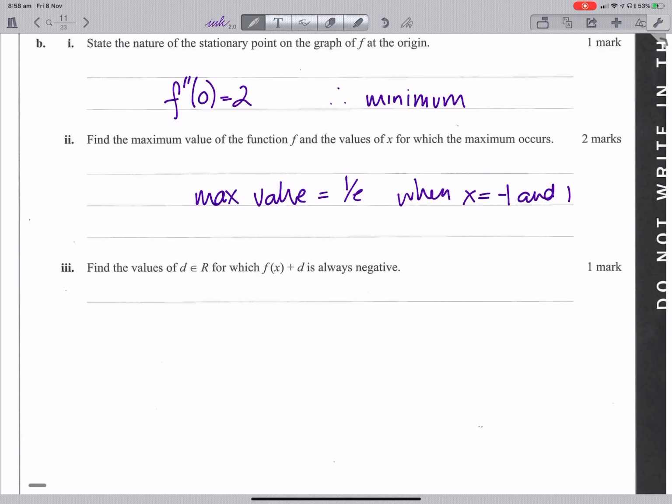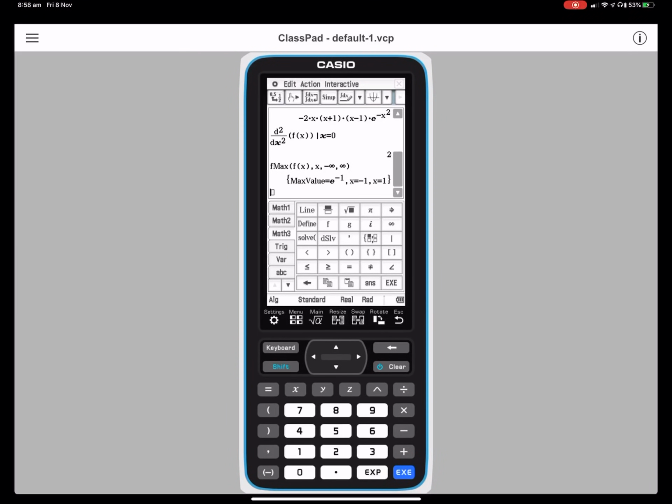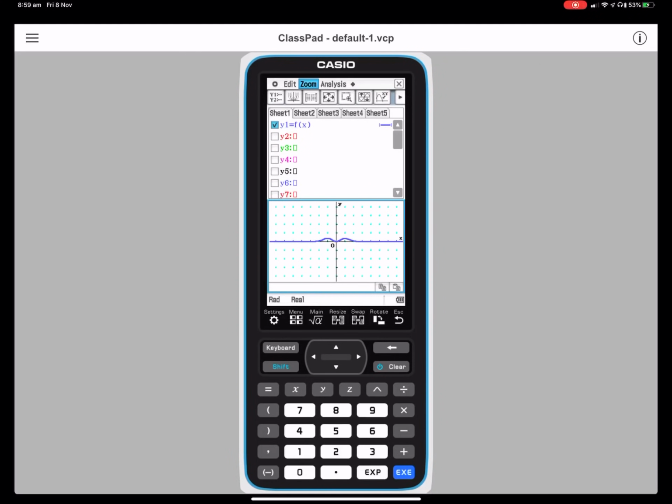Find the values of d for which that is always negative. So we want the whole function to always be negative. If our maximum value is 1 on e, then d must be less than negative 1 on e. So let's try. Graph f of x, let's zoom in.